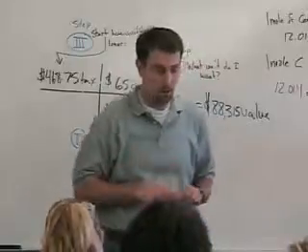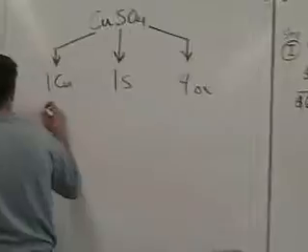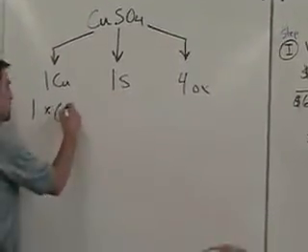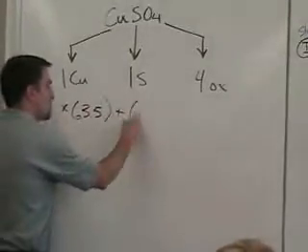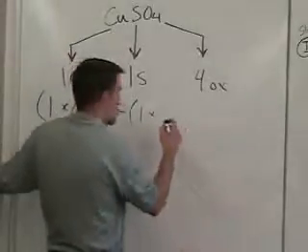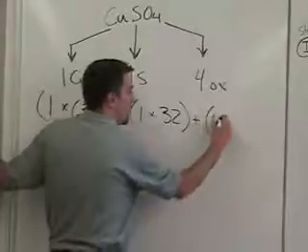All right, so I have 1 copper. What's its molar mass? 63.5. All right, I'm going to add that to 1 sulfur. What's its molar mass? 32. Plus, I have 4 oxygen.